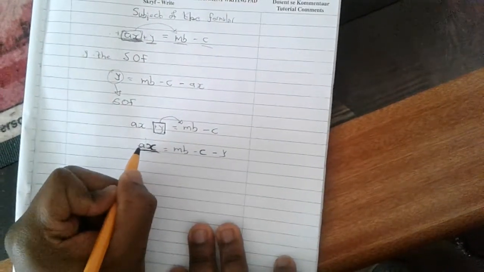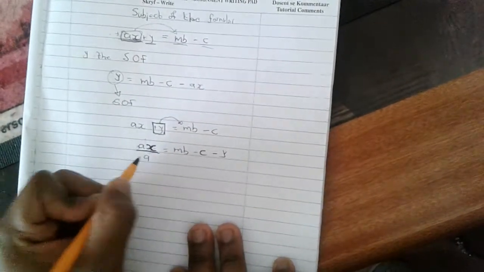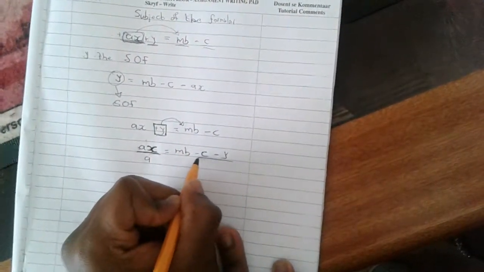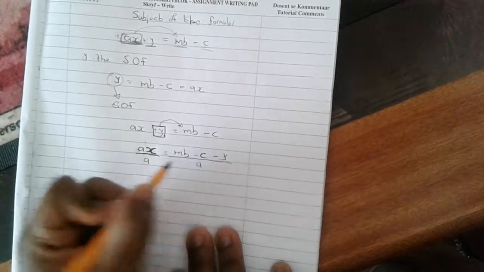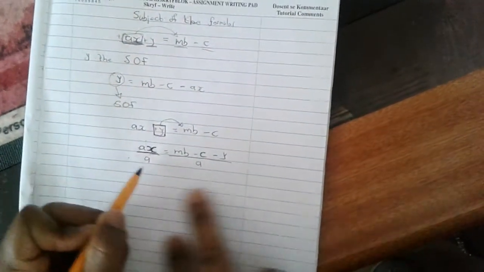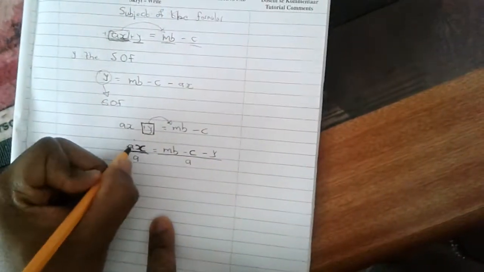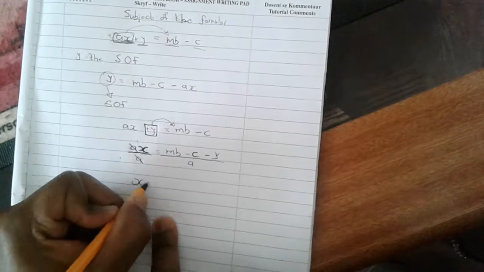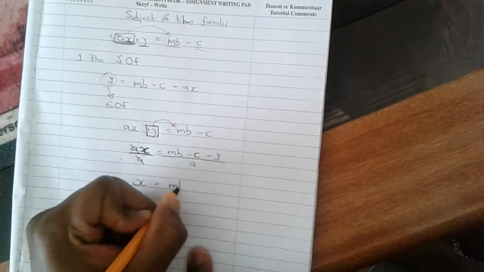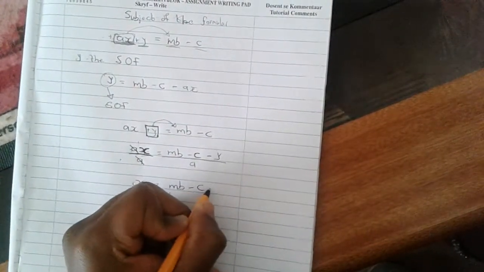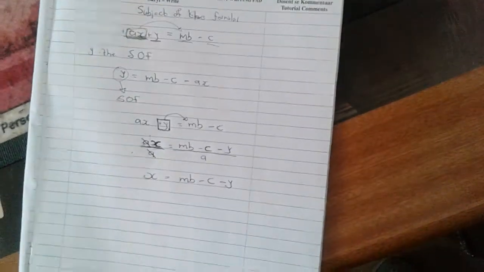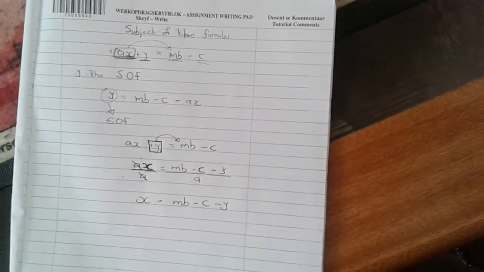Since you want to get rid of a, you divide by a here, and then divide this whole thing by a, because what you do on the left hand side you also do on the right hand side. Got it? Good. Then a will cancel a here, and it's going to be x is equal to mb minus c minus y, all over a. Did you get that?